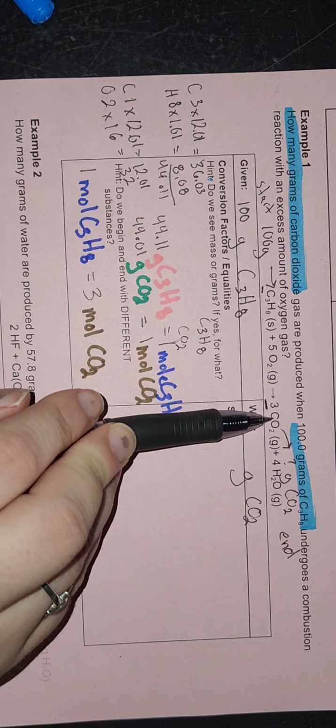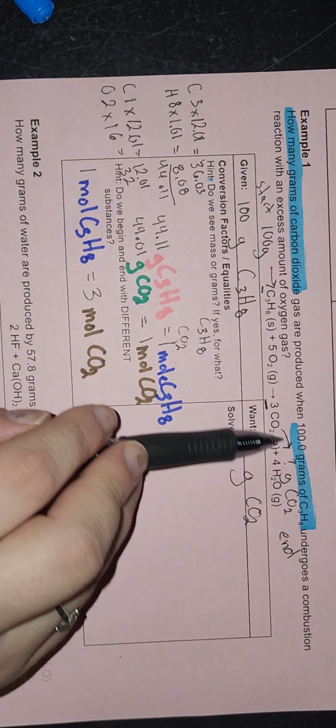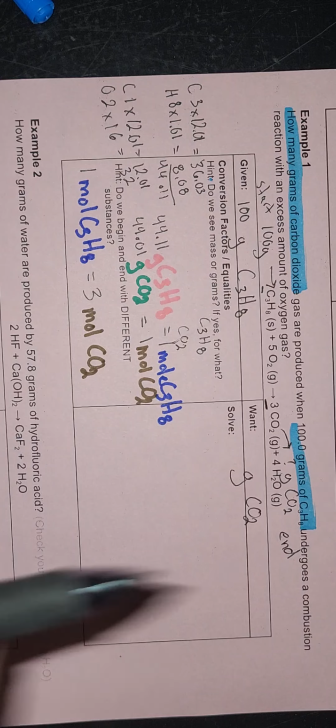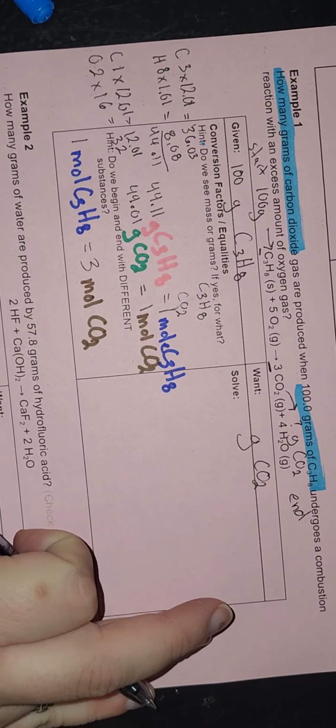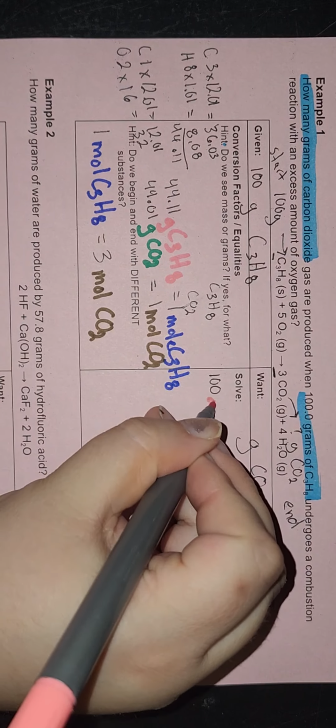So now we have the conversion factor to go into our equation, to go through our equation, and to come out of the equation. So we can go ahead, put this in that T-chart. So as always, we're going to start with that given. So we're going to start with 100 grams of C3H8.